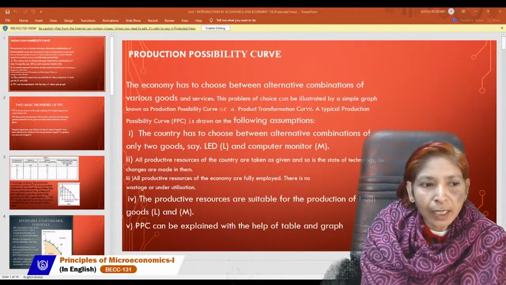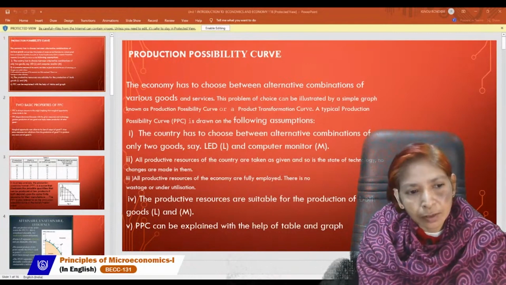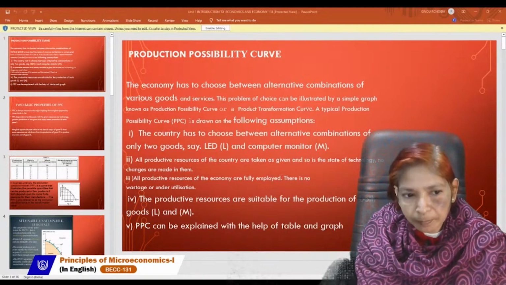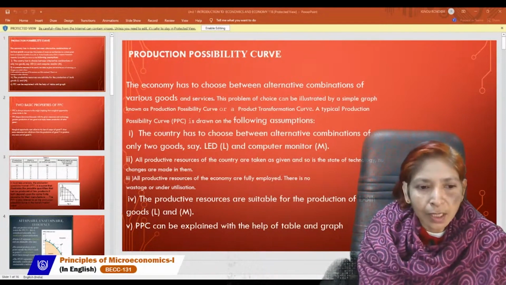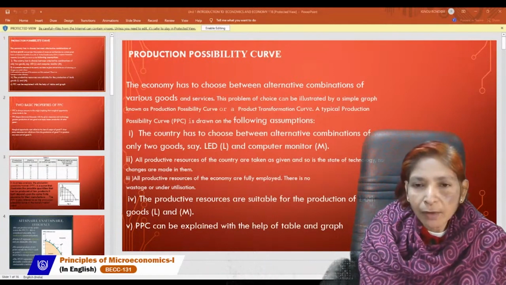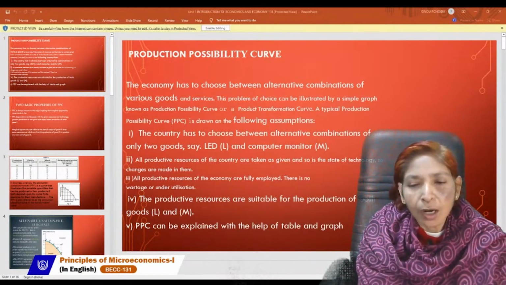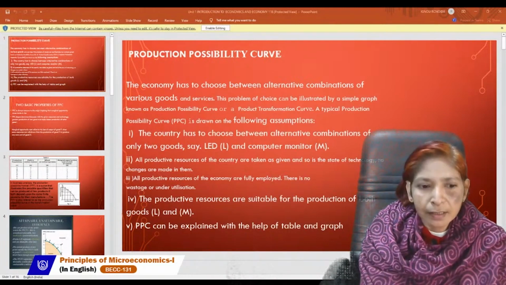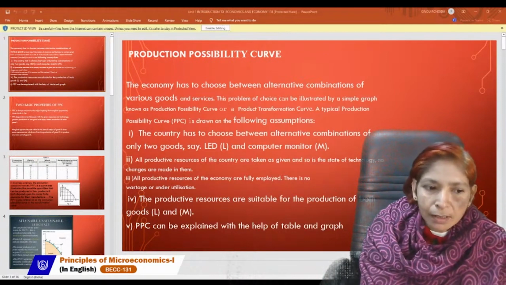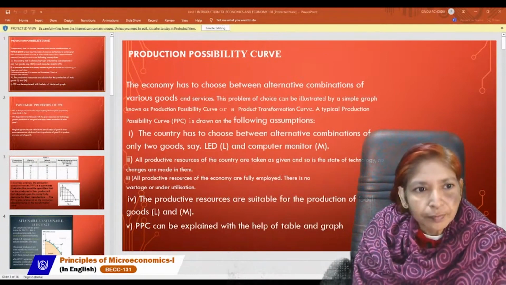We can't produce at any point outside this production possibility curve, such as point G. Point G shows unattainable output. Unattainable means we don't have enough resources to produce more output. The production possibility curve separates attainable combinations from unattainable combinations.